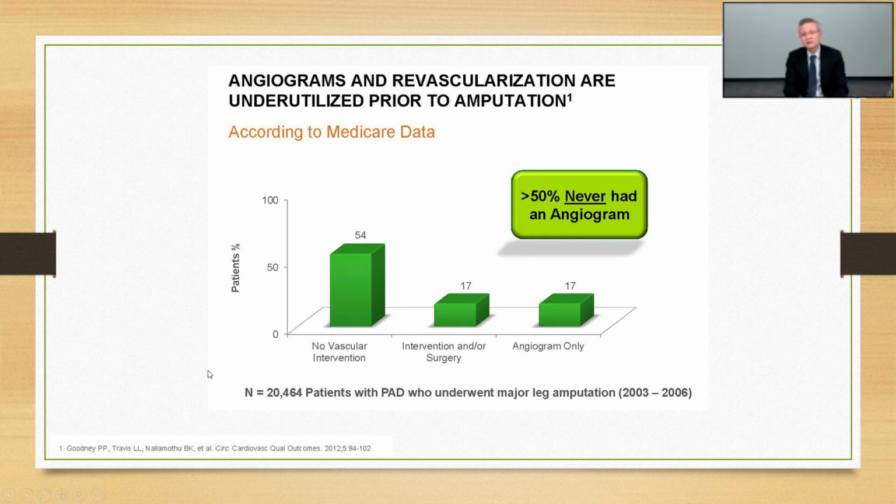That's shocking. I mean, as much as it is a reversible cause of non-healing ulcers, nothing significant was really done for that in the past. And then less than 50% of people even had any attempted surgical intervention.